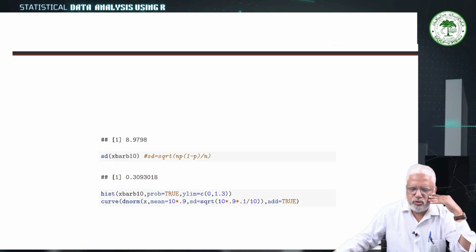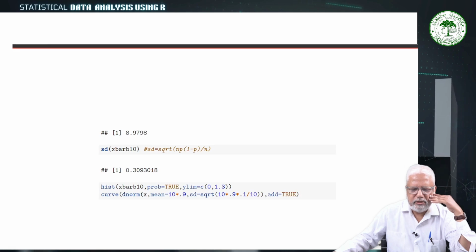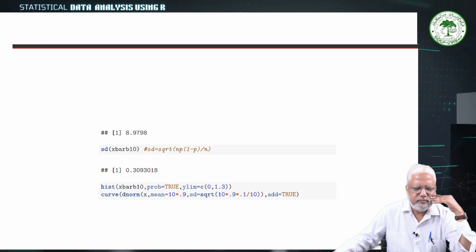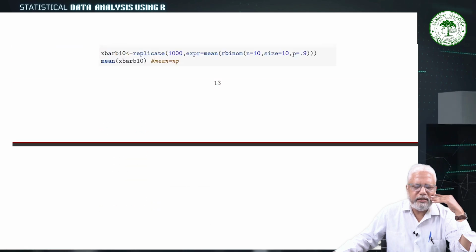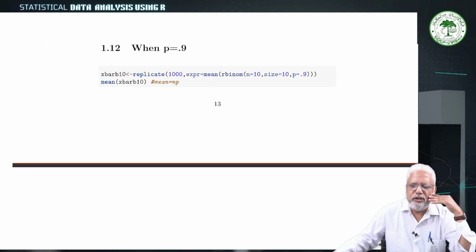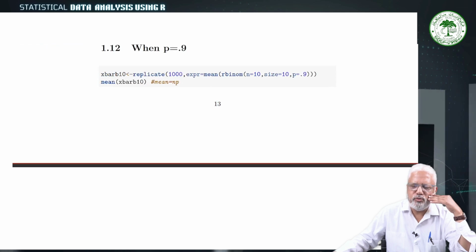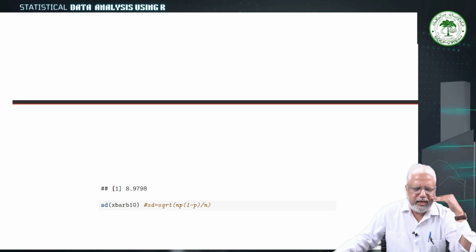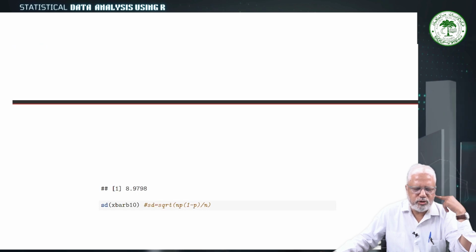Again we are making the histogram. The mean of x bar is 8.97. So 0.9 into 10 should be 9, and 8.978 is almost 9.